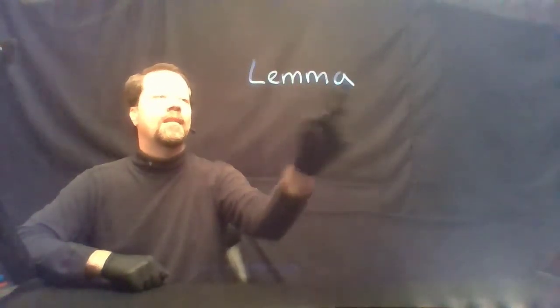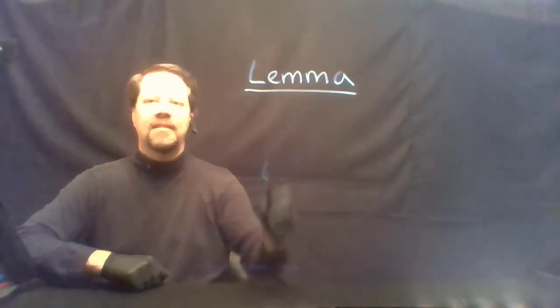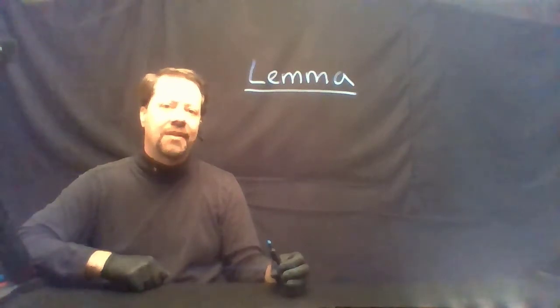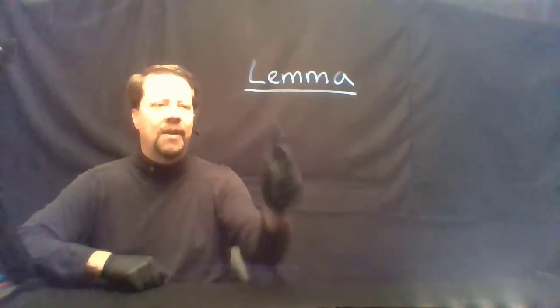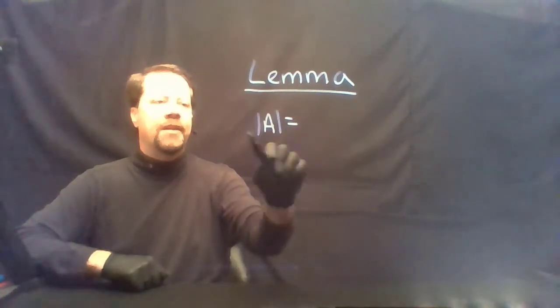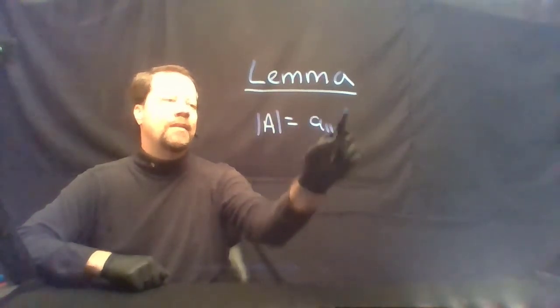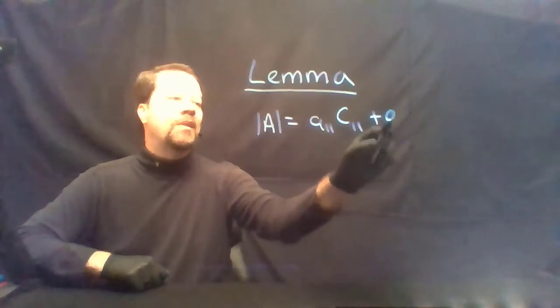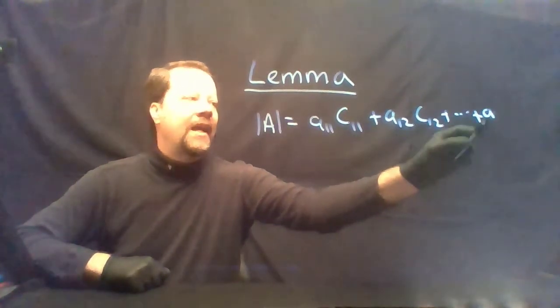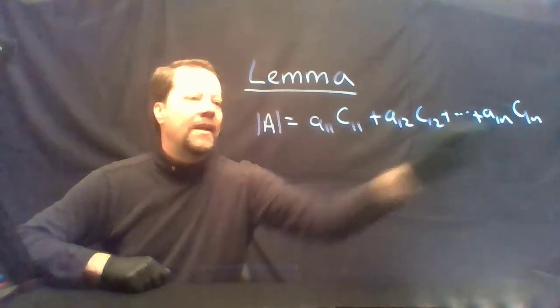To prove this theorem, I'd like to prove the following lemma. The determinant of A can be calculated through expansion about any row or any column. We've defined the determinant of A to be A11C11 plus A12C12 through A1n C1n.